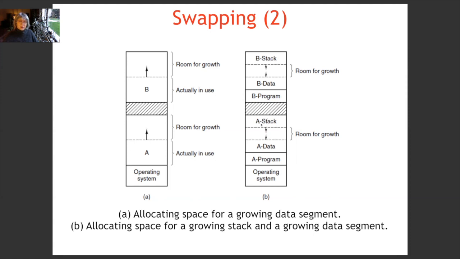So both the stack and data part may use this room for growth. It is also allowed for the process B. Allocating space for a growing data segment is shown in A, and allocating space for a growing stack and growing data segment is shown in B.